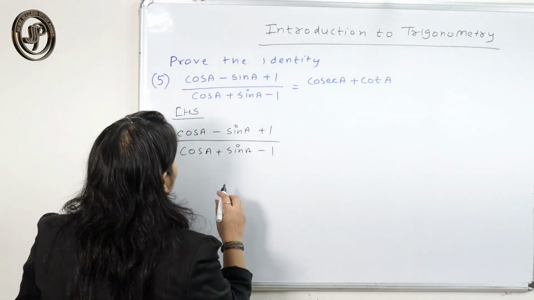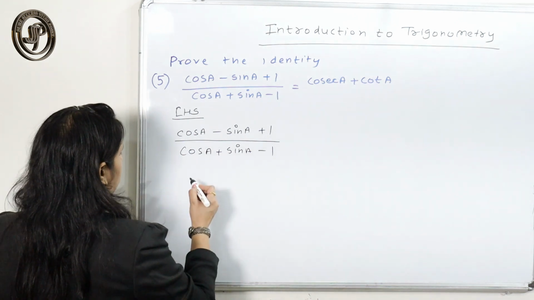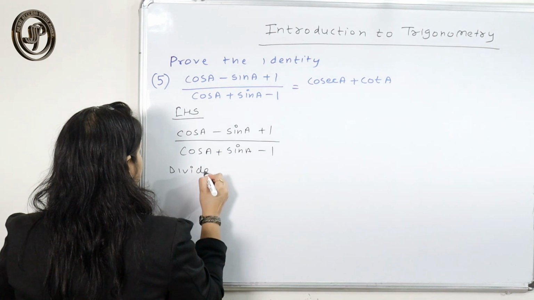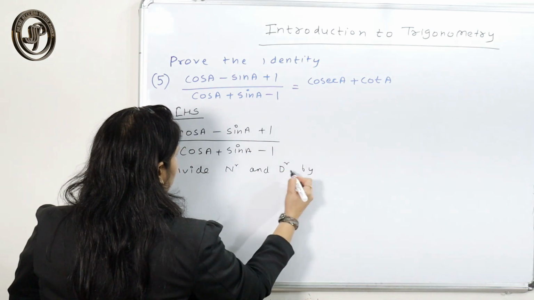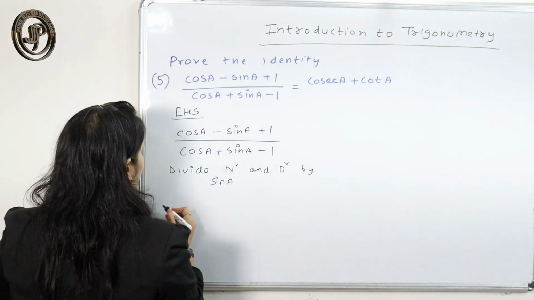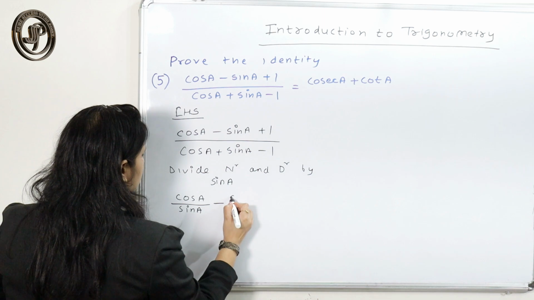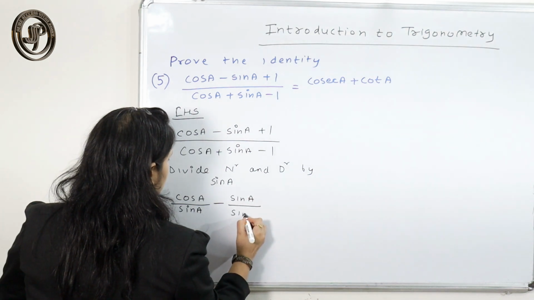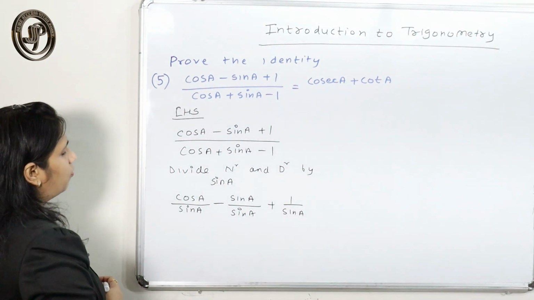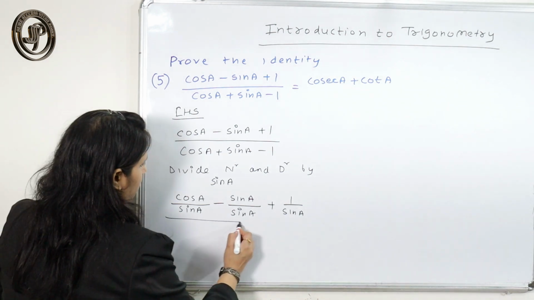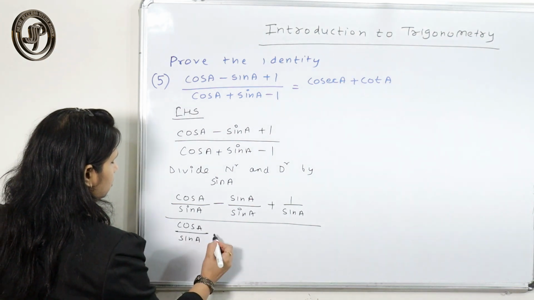So I divide the numerator and denominator by sin A. So divide numerator and denominator by sin A. You have to divide each term by sin A, all the 3 terms in the numerator as well as in the denominator.